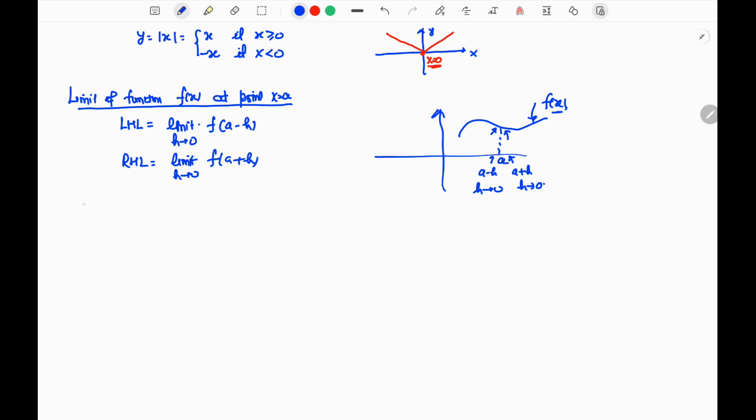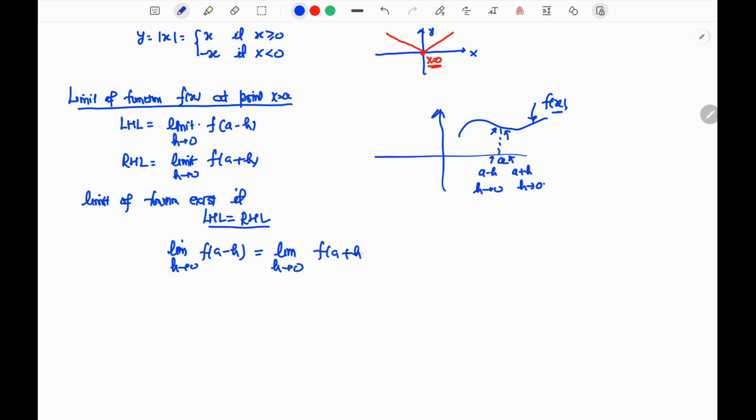And by definition, the limit of a function exists if the left hand limit equals the right hand limit, irrespective of the value of the function at point a. That means if limit h tends to 0 f(a minus h), which is the left hand limit, is equal to limit h tends to 0 f(a plus h), we say the limit exists at the point x equal to a.